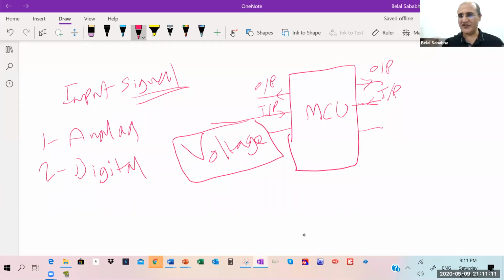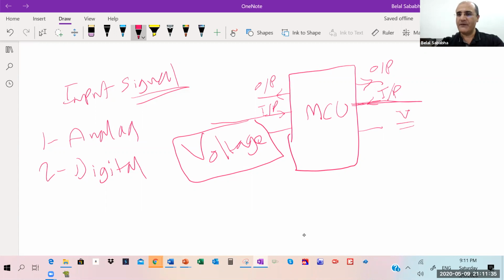A lot of times we don't say it, but when I ask you what's the input signal, is it an analog signal or a digital signal, I'm talking about voltage here. The signal you recognize on an input pin is a voltage level, okay? Voltage level.